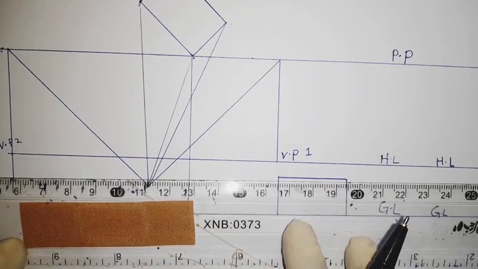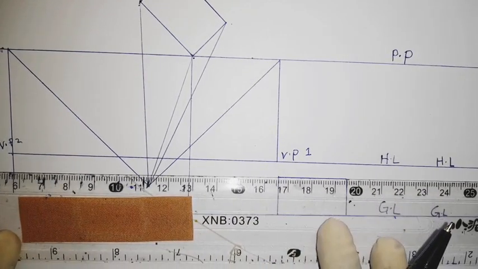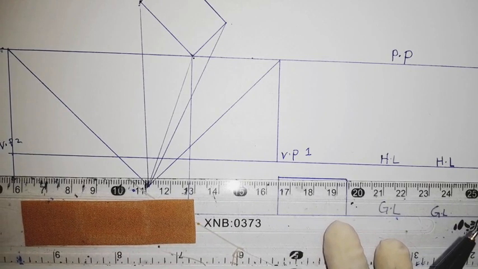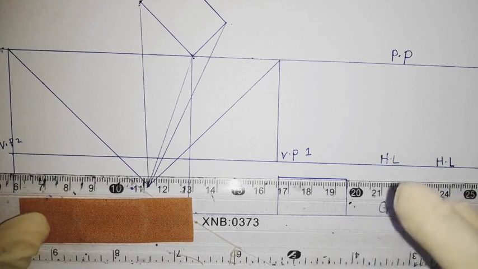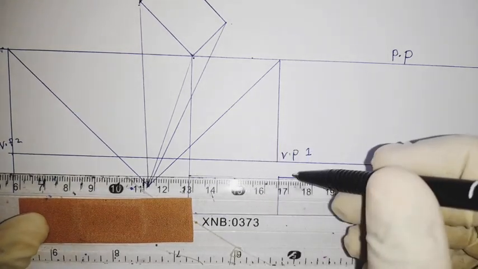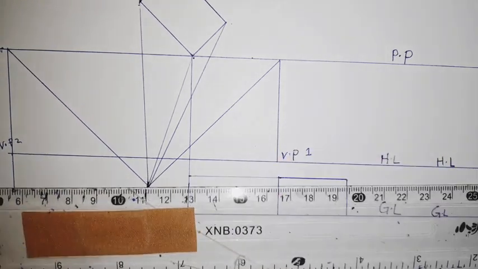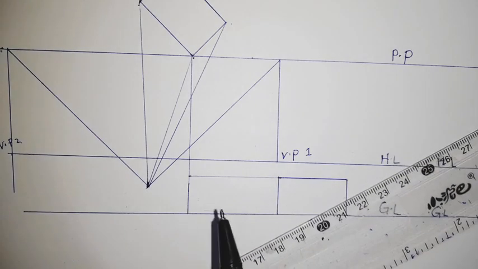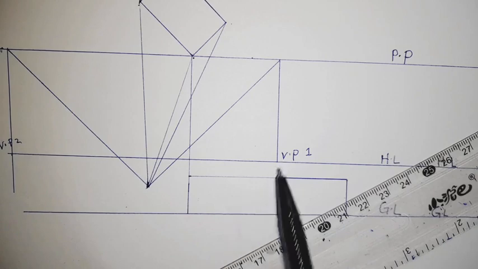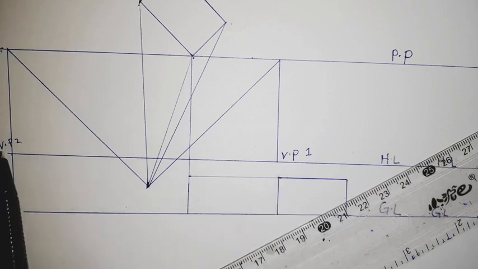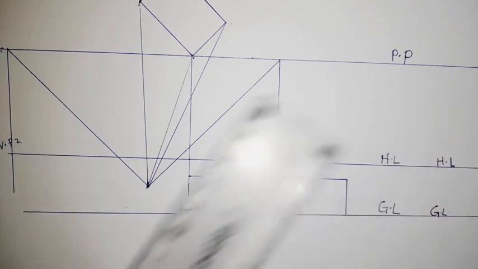So this front elevation, we project a line from the front elevation. Once it reaches there, we join this point to the vanishing point on this side, this point to the vanishing point, this other point to this other vanishing point, and this top to the vanishing point.